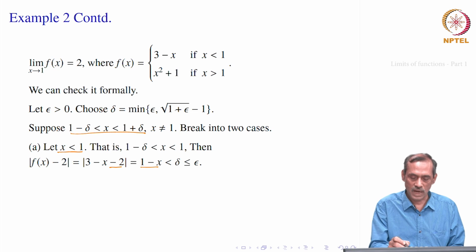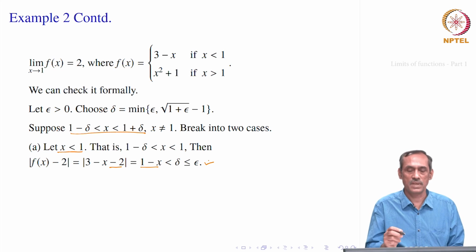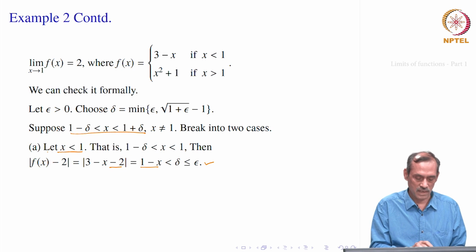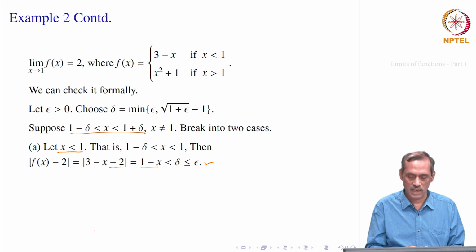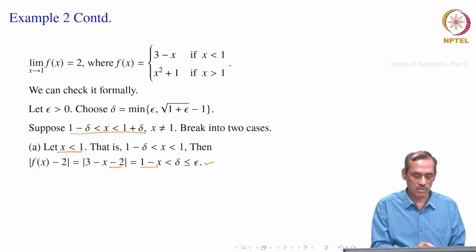Therefore, and delta is always the minimum of epsilon and this, it is less than or equal to epsilon, hence this condition is satisfied. That is, if we assume that x is less than 1 and 1 minus delta less than x less than 1 plus delta, then we are able to verify that mod of f x minus 2 is less than epsilon.